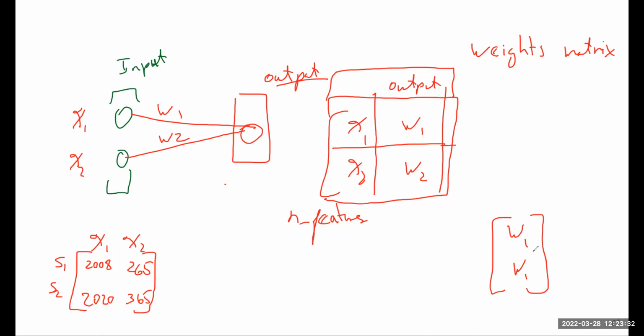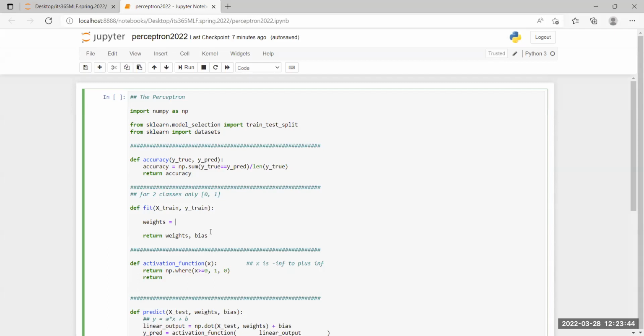Given that we know the dimension, so I just showed you, right? Now I'm going to ask you a question. Let's see if you can answer it. I need to initialize a vector for the weights, right? What can I use for that? In the past, we have used NumPy zeros, right?